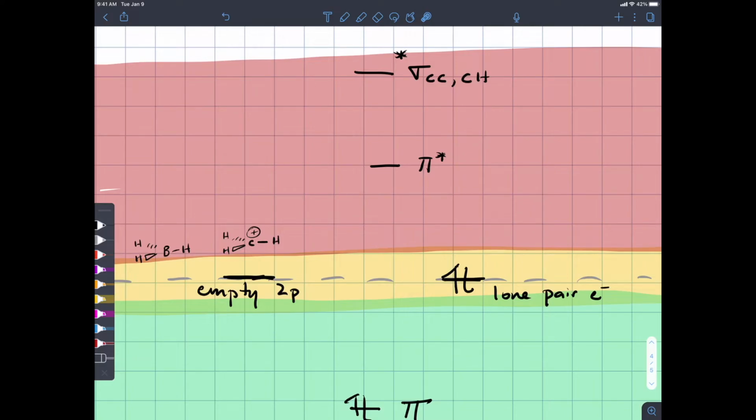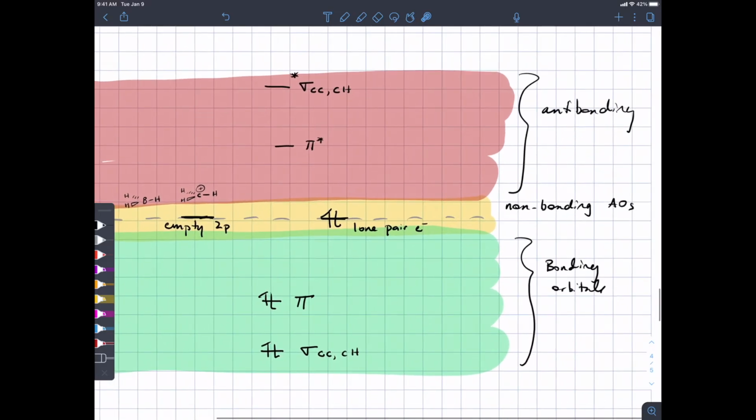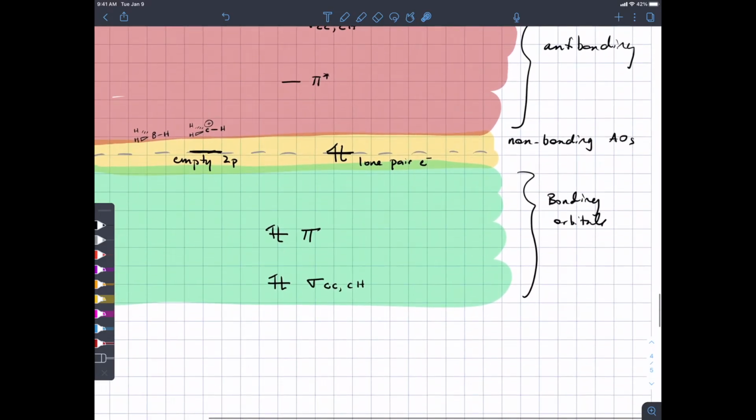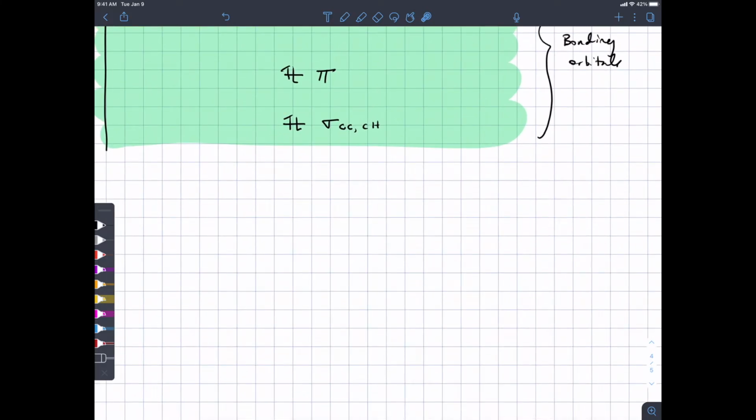To see how this happens, remember what I told you, that if we were to rank orbital energies, let's just imagine for fun sp3 hybridized orbitals on carbon versus nitrogen versus oxygen versus fluorine.